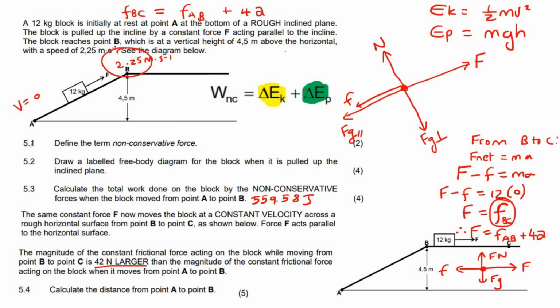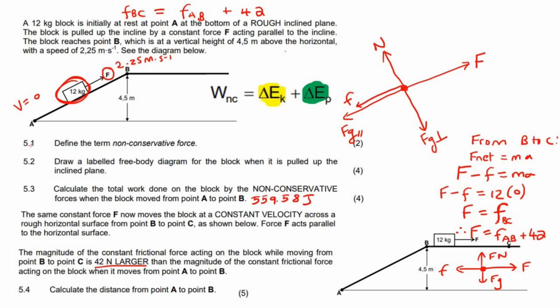See, I just replaced this part by using this equation. And so now this is an equation that I can use when I look at this part of the motion, because now I've got a relationship between this force and this friction from there. Okay, that's going to help us.